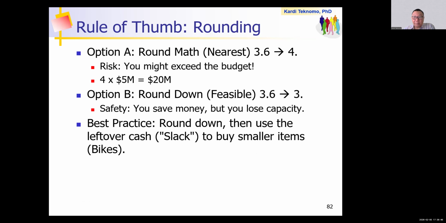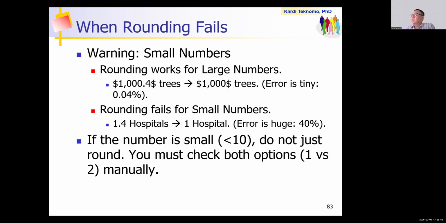So just round down. But be careful also. If you are building, say, 1000.4, then rounding down to 1000 is fine, right? Nobody cares about 0.4. But if you are building hospital and the answer is 1.4, and then you round down to 1, there is a massive loss of service, isn't it?